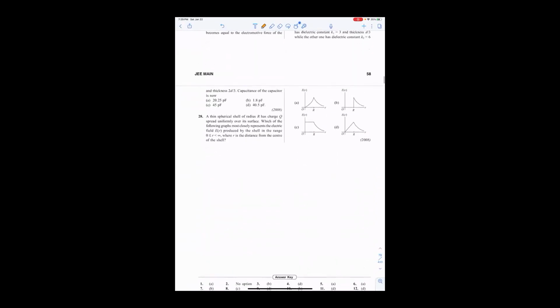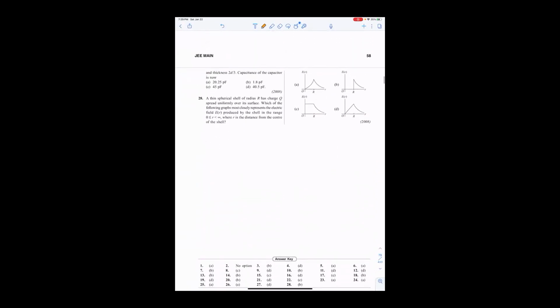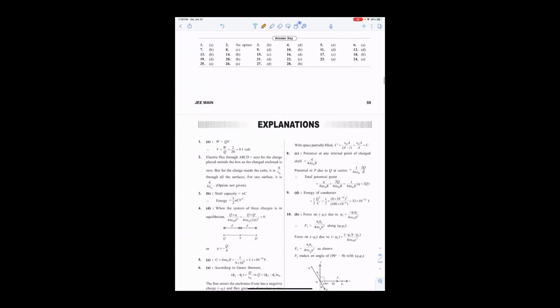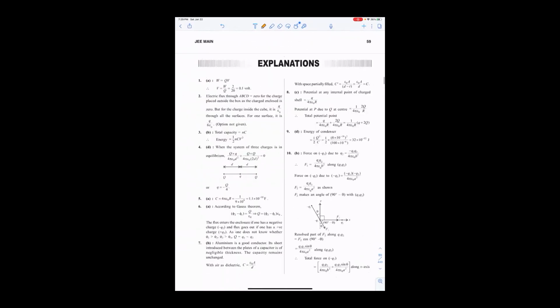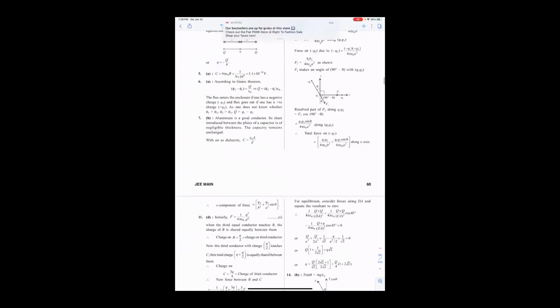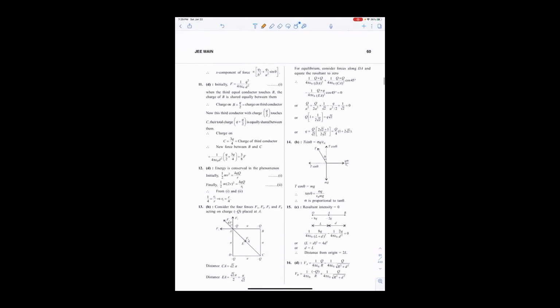Take the key also. It will help you. Hope you have taken screenshot. So explanations, if you want, we have done till here, you can take it. Then the 11th one.